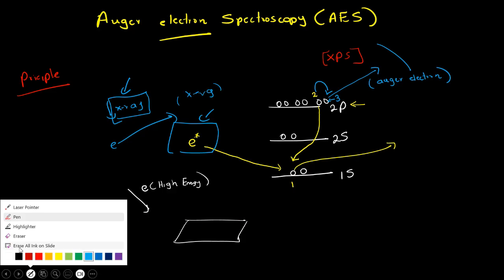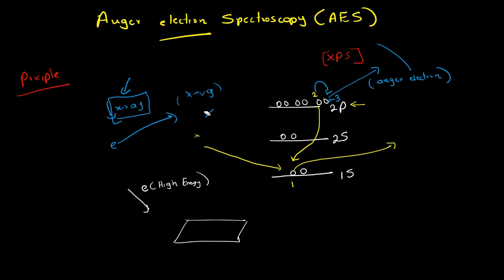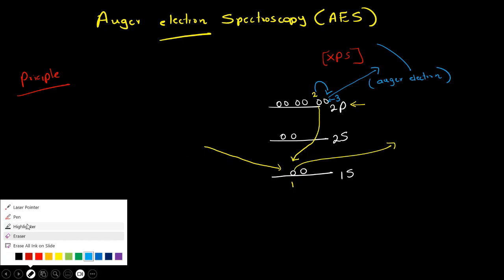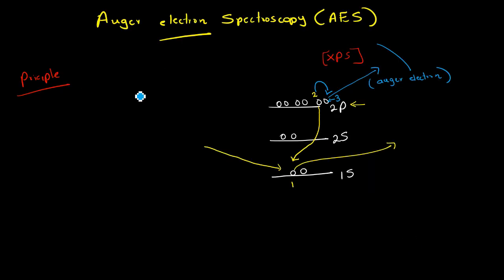Now there's a small nomenclature. We use some symbols to represent the Auger process. Let's try to understand it. You know about the energy levels, right? Normally in our energy levels we have the K level, L levels, and M levels. K refers to 1s, L1 refers to 2s, L2 refers to 2p.